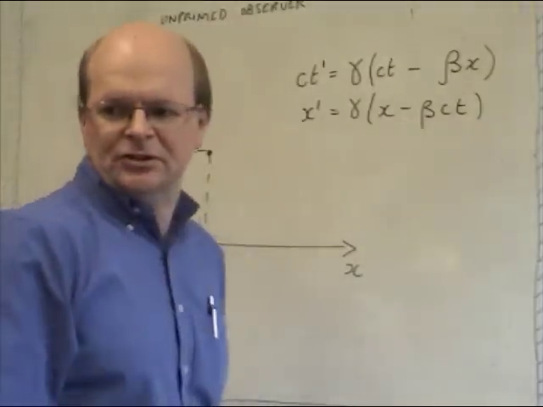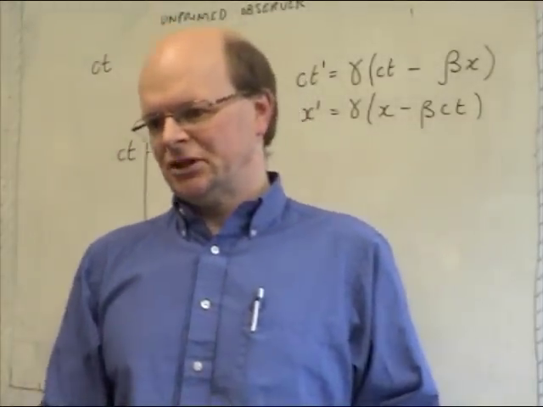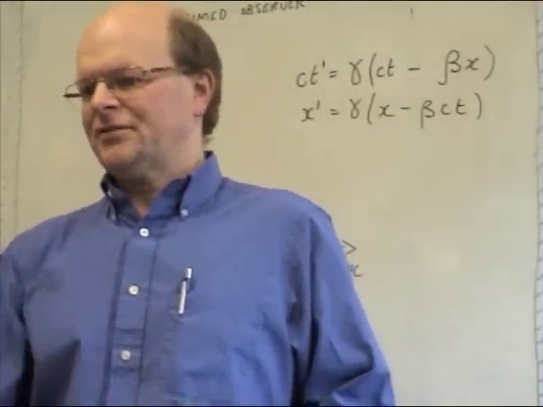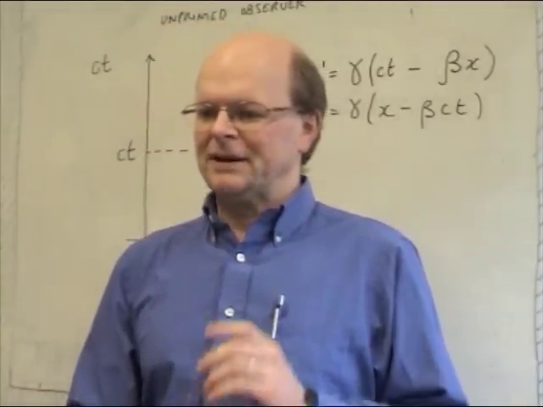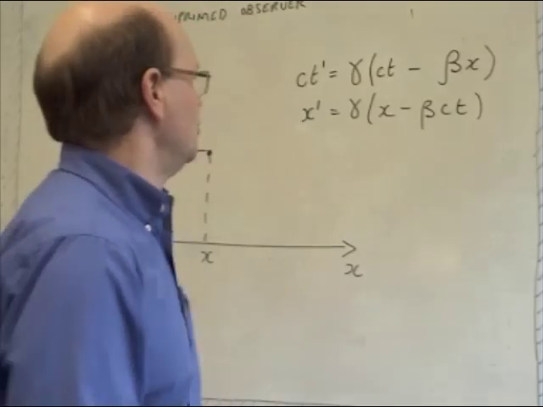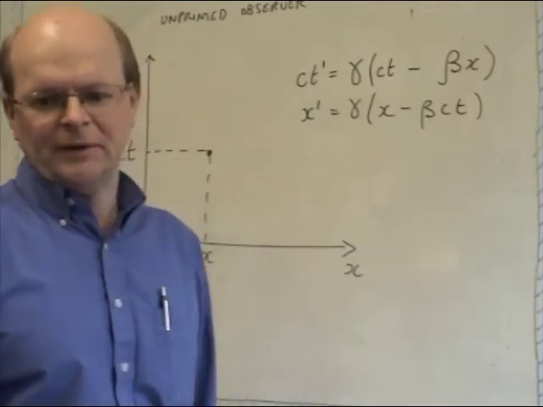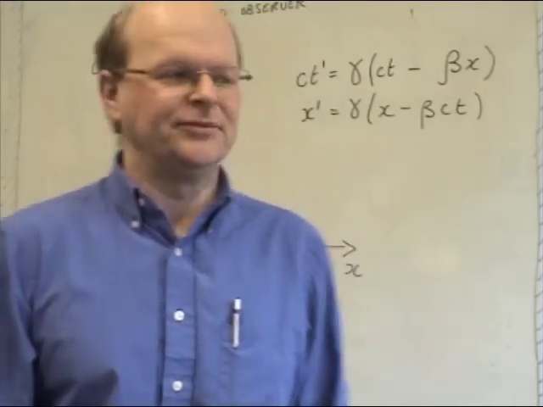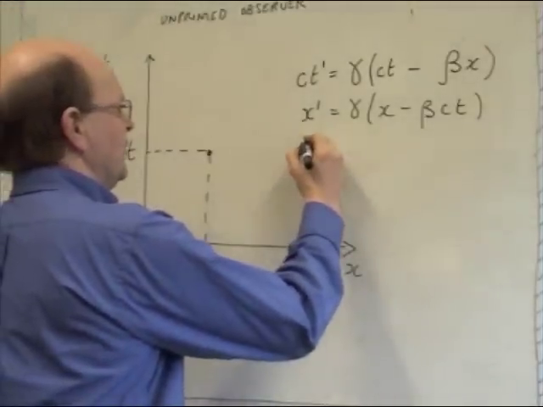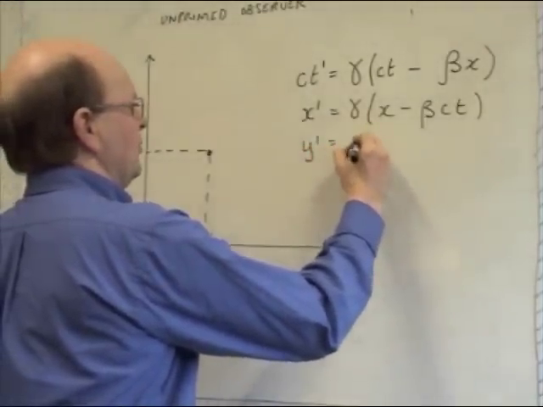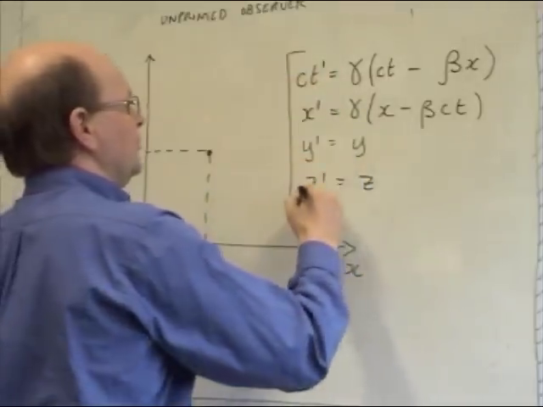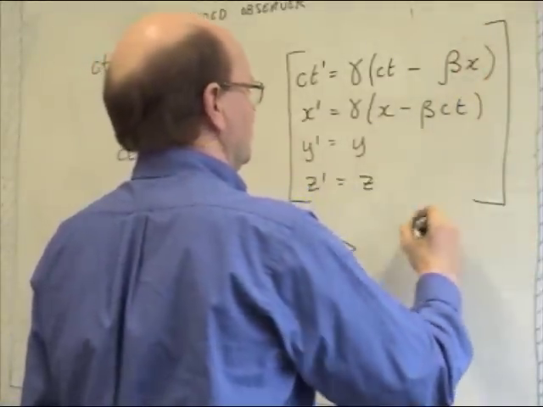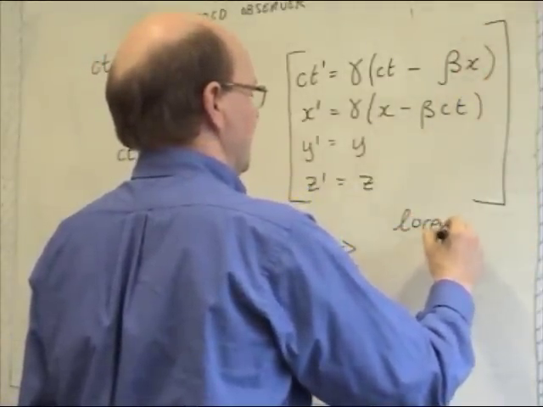And we're assuming that the relative velocity of the primed observer, the observer carrying the primed coordinate system, with respect to the unprimed observer is parallel to the x-axis. And if that's true, there's no difference between the primed y and z coordinates and the unprimed y and z coordinates. And so we just write y primed equals y, z primed equals z. And so this set of transformations are called Lorentz transformations.